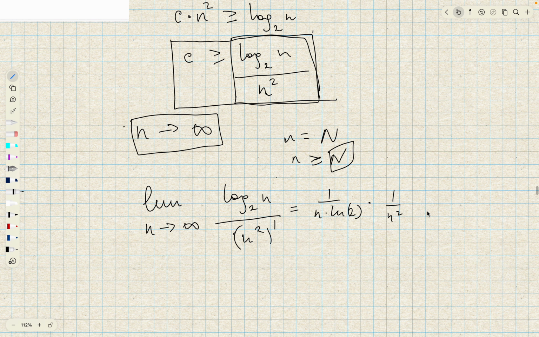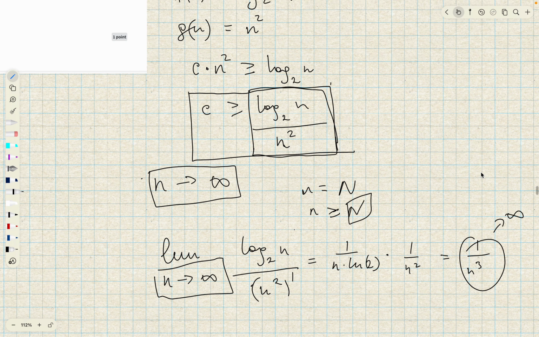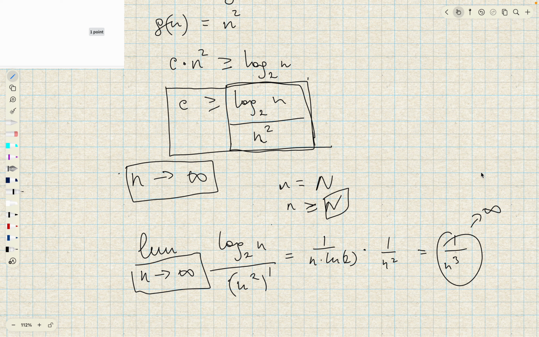Okay. Now it becomes 1 over n cubed. And you can see that as n goes to infinity, this goes to... Oh, sorry, it doesn't go to infinity, it goes to 0.